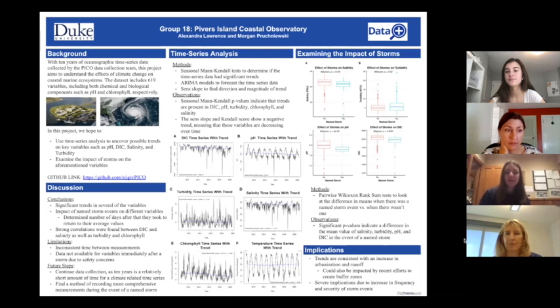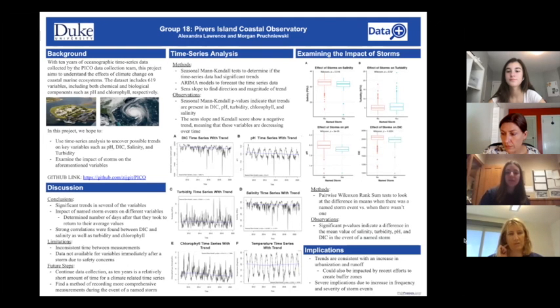And so our conclusions were that we found significant trends in most of these variables, and named storm events do have a significant impact on variables, but they affect different variables in different ways. Some of them take longer to rebound and some of them drop lower than others.